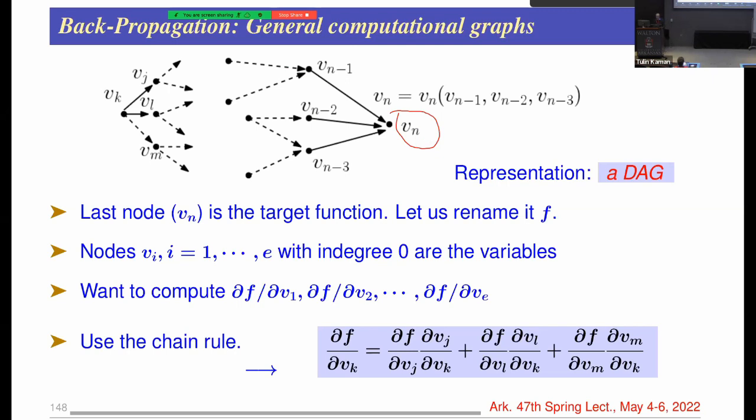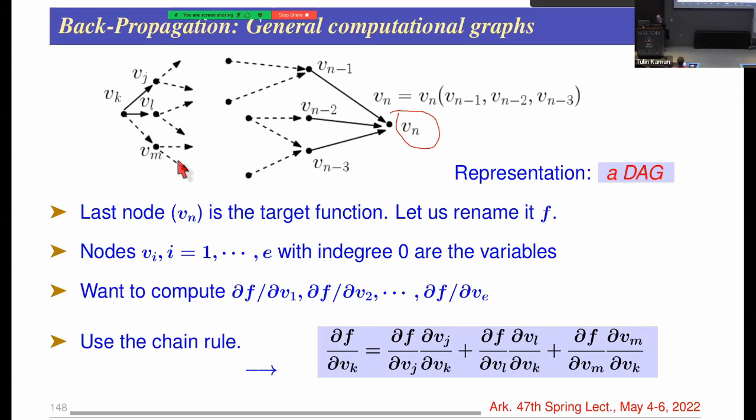Now I need the partial derivatives. So if I look at this particular graph here, let's look at this one. Suppose I had evaluated the partial derivatives of these entries here. Remember, I'm talking about the partial derivatives of the original function, Vn. I'll call that f. In this case, it's called f actually here. They have been evaluated here, and I want to evaluate it here.